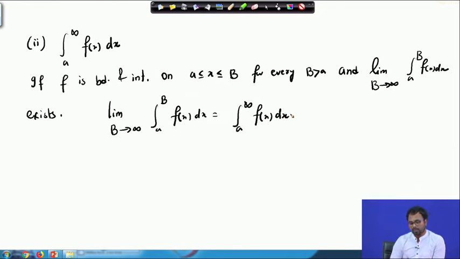So, it follows pretty much the same definition as definition 1.